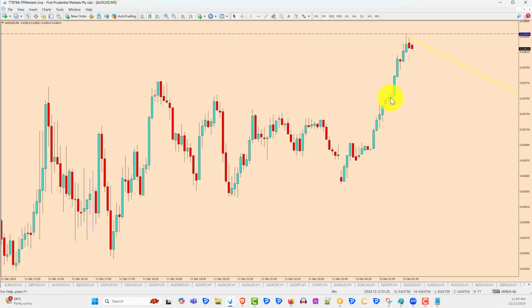So again, strong move, sideways, strong move, sideways, strong move, and now we're retracing a bit. After the retracement's over and it comes back up to try and test it, that's when we'll figure out if it's a double top or a breakthrough. It'll be really obvious.